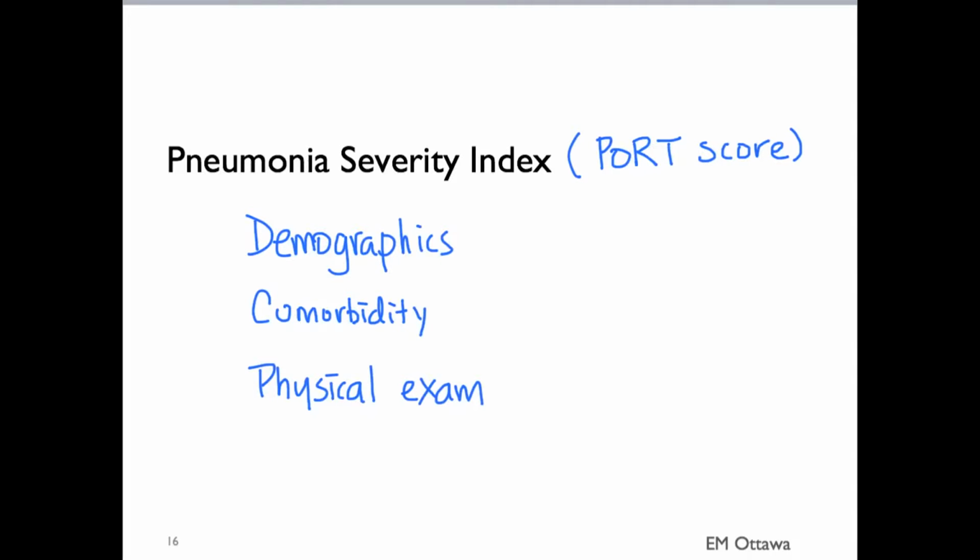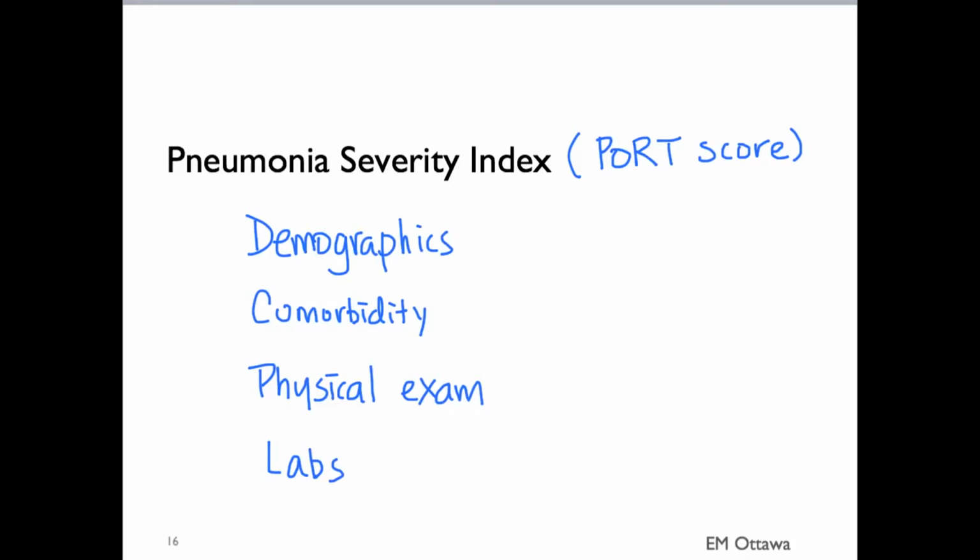On the physical examination, it looks for altered mental status, increased heart rate, increased respiratory rate, hypotension, and a high or low temperature. It also draws in multiple lab and radiological findings.